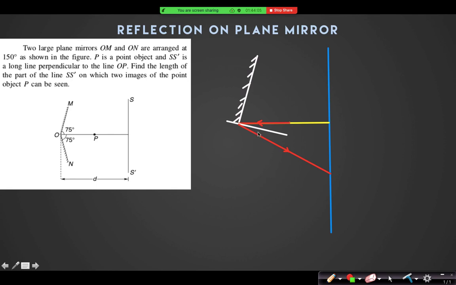Similarly, for the other mirror, can I say it will be from here to below? For this object P, the field of view will be from here to here, and for the other mirror the field of view will be from here to here. Yes or no?